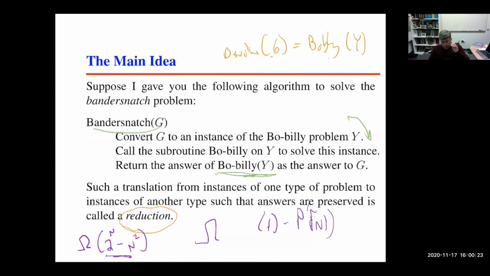In the homework problem, the problem of the day, I did an algorithm like this. This was shortest path with exactly K edges.